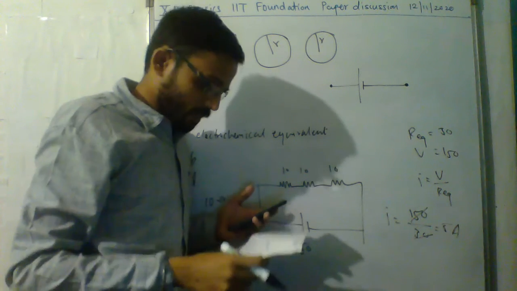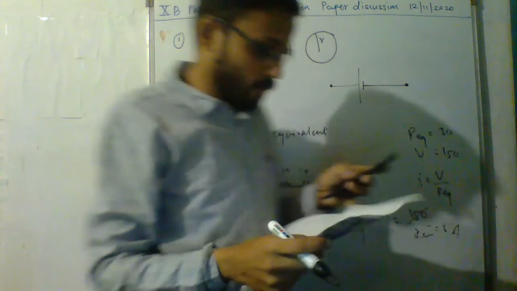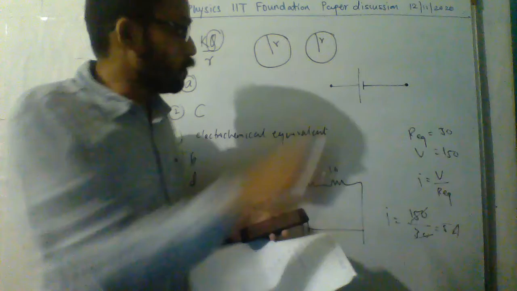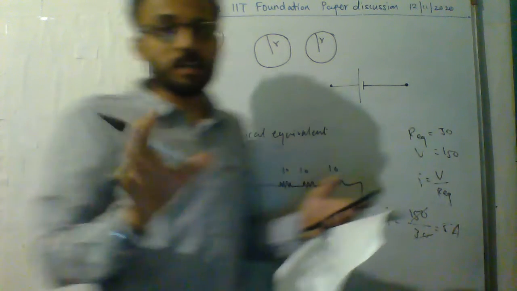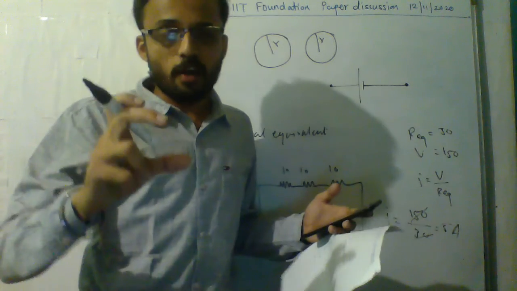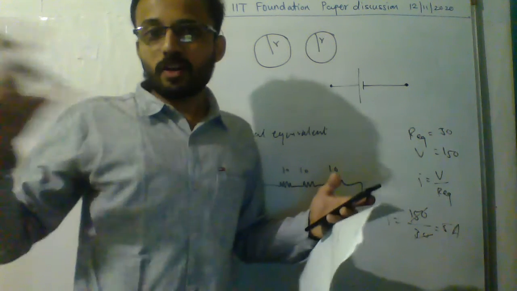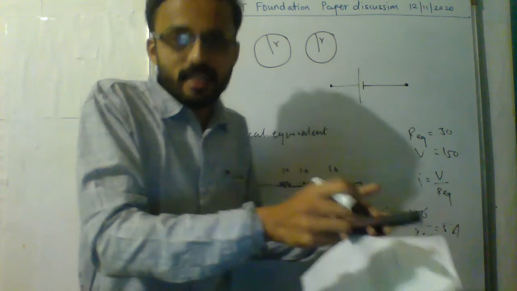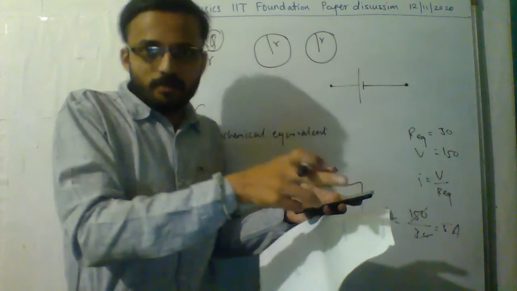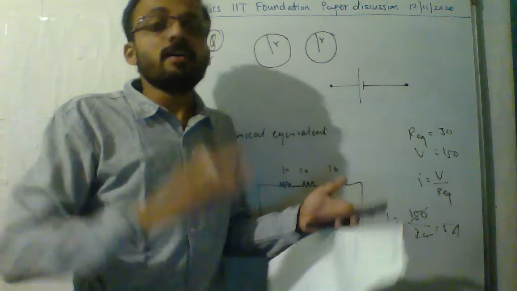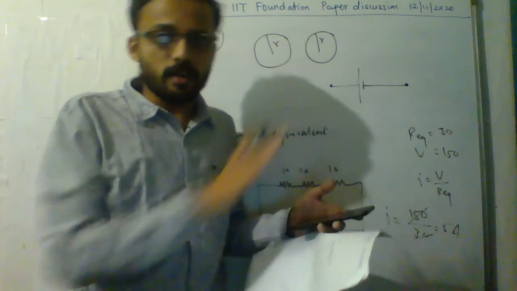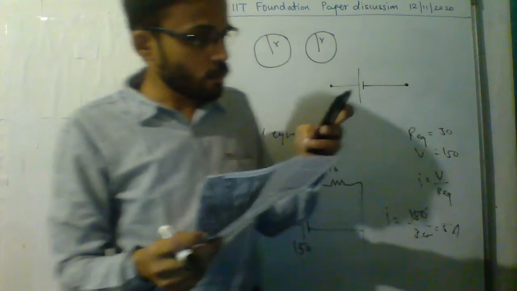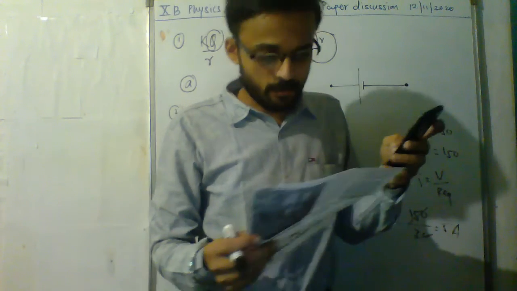EMF is what we call the no load voltage, when no load is connected. If the cell is 1.5 volt and you directly check its voltage without connecting anything, that voltage will be 1.5, and that is called the EMF. Advanced concept you will learn in 12th class, but the basic concept you have in 10th class. Now number 7 will be C.